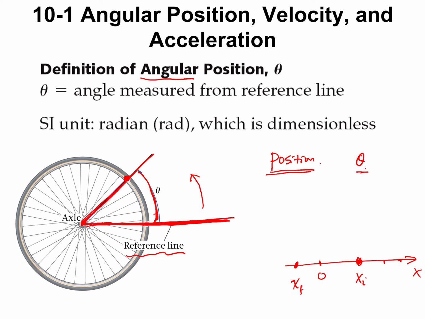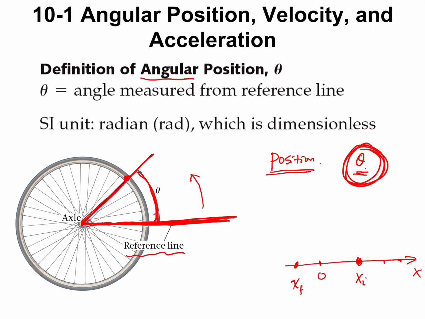So we use an angle to describe the position. Remember, this is an angle, not a coordinate. It's the angle between those two lines.